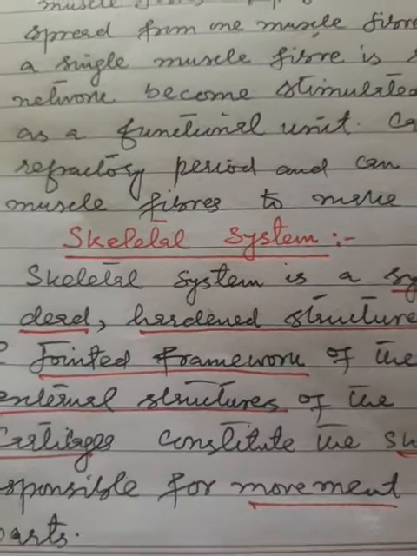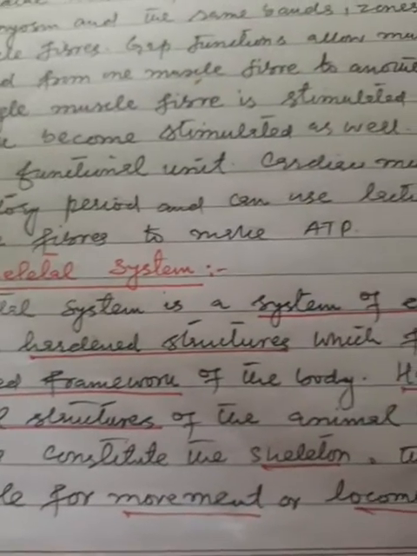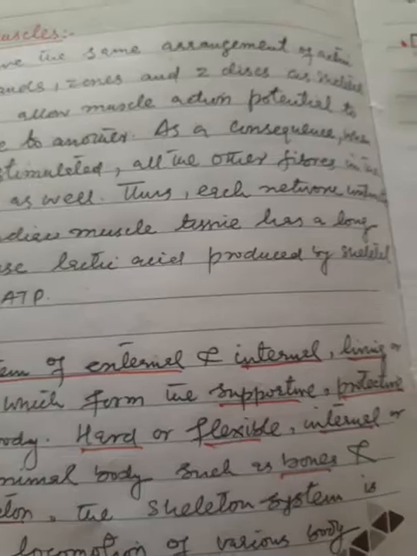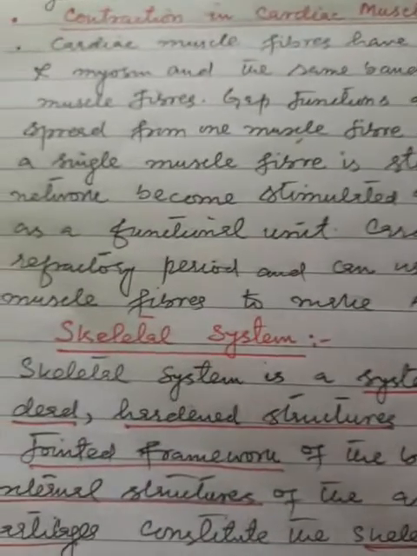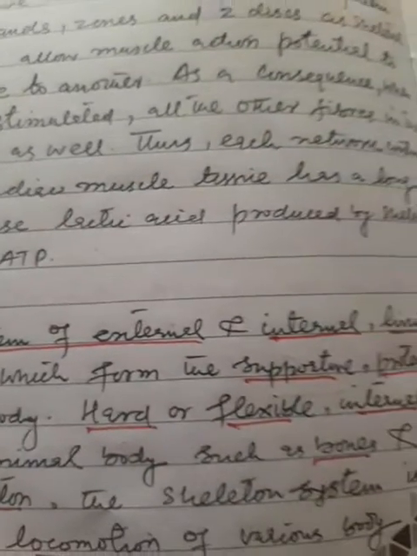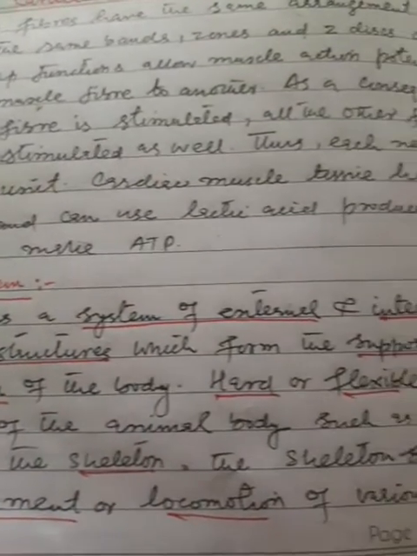Today's offline class is about the skeletal system. The skeletal system is a system of external and internal living or dead hardened structures which form the supportive, protective and jointed framework of the body.